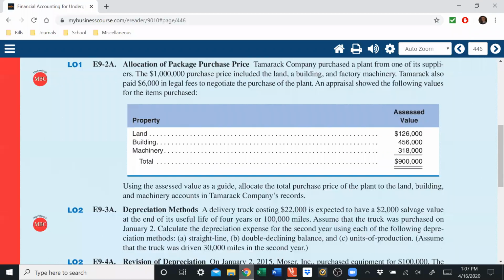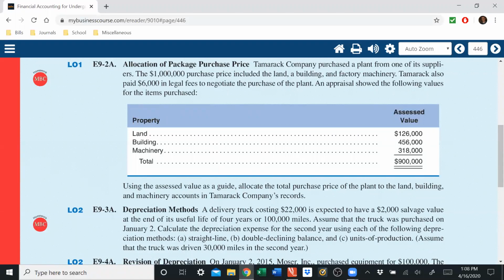And the way you do that is based on relative market value, or appraisal value, or assessed value. Those are all synonyms. So Tamarack Company got an independent appraiser to come in and assess the market value of the land, the building, and the machinery.